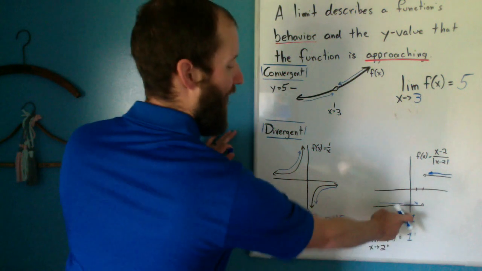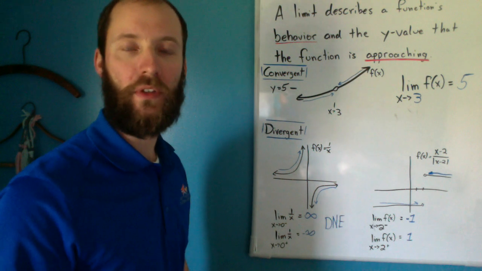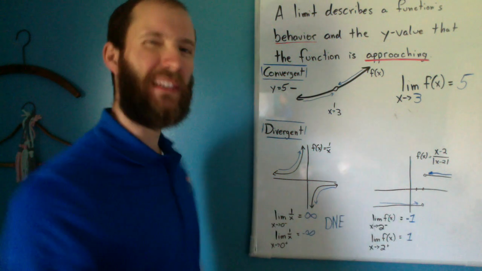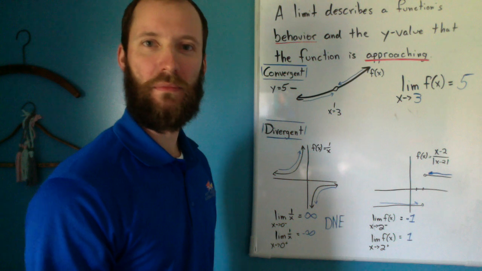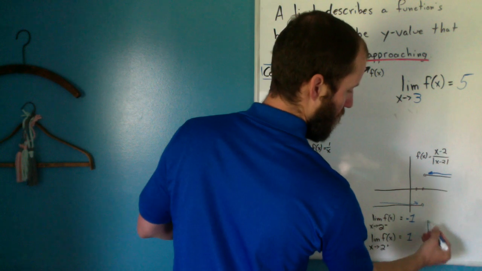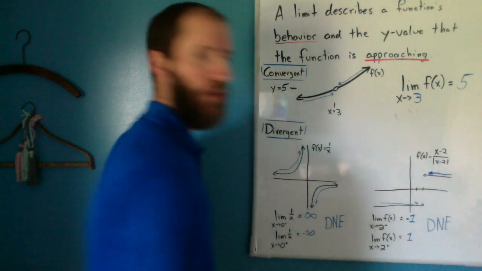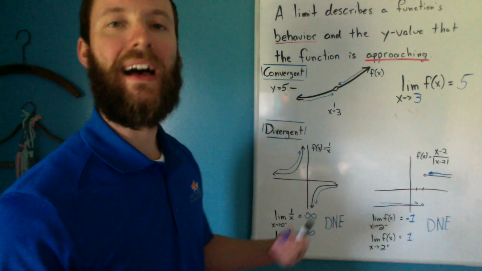So here's the thing, we have y values. That's kind of cool. In the last example, we didn't. Here we do, but the y values are not the same. So that limit does not exist either.